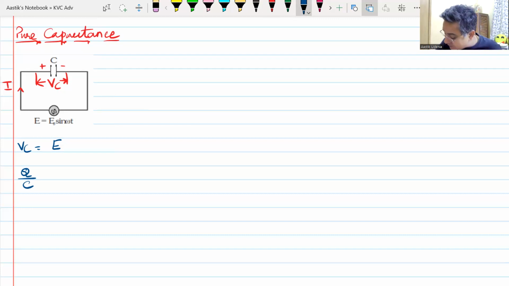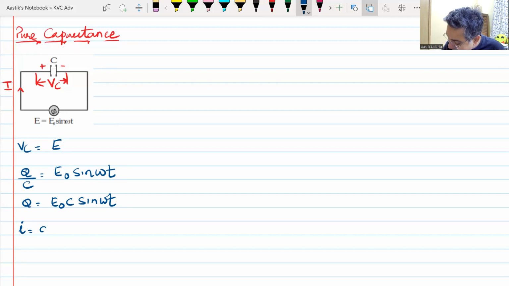So this Q will be equal to E naught sine omega t. So I can write this Q will be equal to E naught C sine omega t.